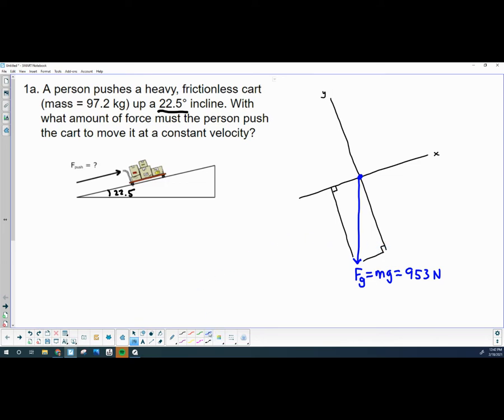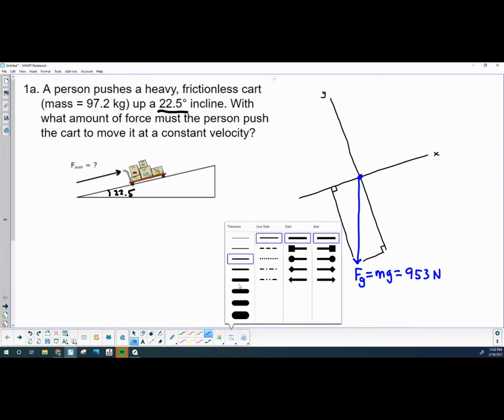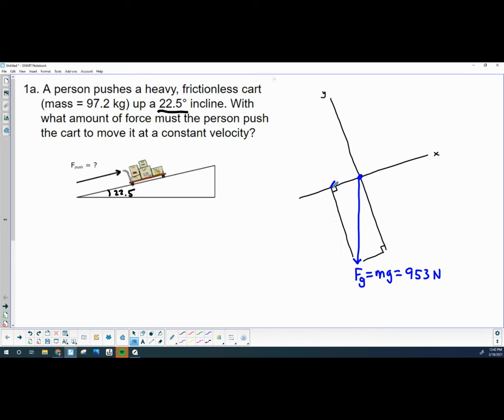So let me go back in blue and draw in the two components of gravity. I'm going to be careful in the length that I draw them. So that is the component of gravity that acts down the ramp. I'm going to call that Fgx.